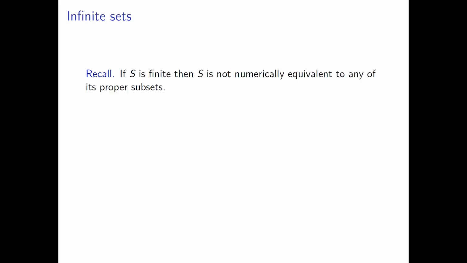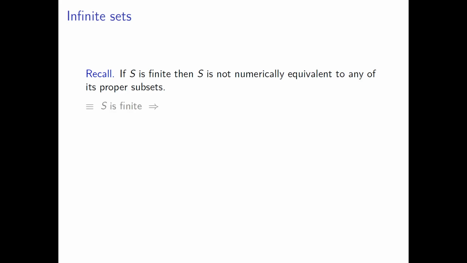Some conditions in order for a set to be infinite can be inferred from the properties of infinite sets. For instance, recall that if S is finite, then S is not numerically equivalent to any of its proper subsets. We can write this symbolically as follows.